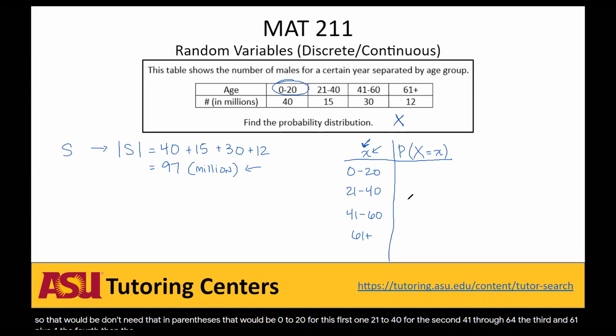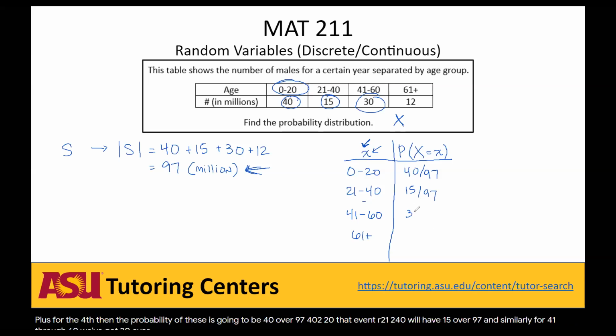Then the probability of these is 40 over 97 for 0 to 20. For 21 to 40, we'll have 15 over 97. Similarly, for 41 through 60, we've got 30 over 97.